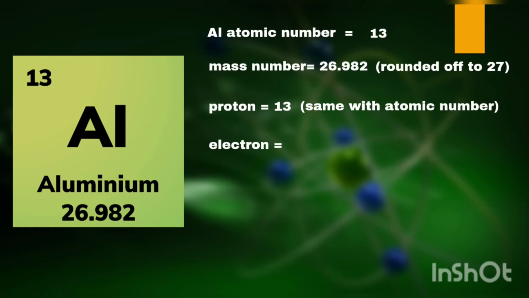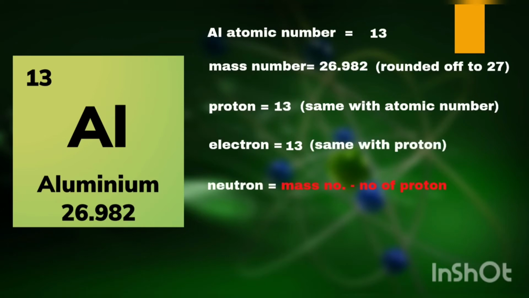How about electrons? If there are 13 protons, therefore we have 13 electrons because it is the same as protons. For the number of neutrons, we have 27, which is the mass number, minus 13, which is the number of protons, then we have 14.